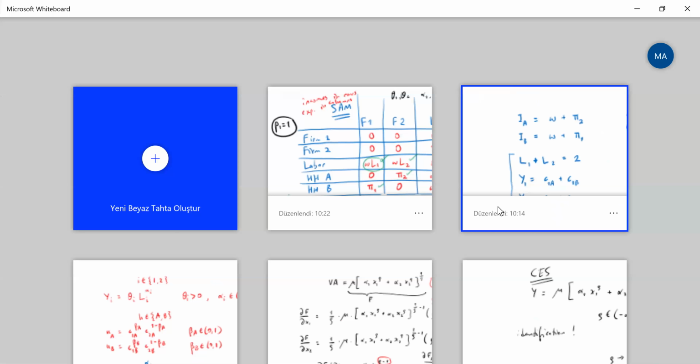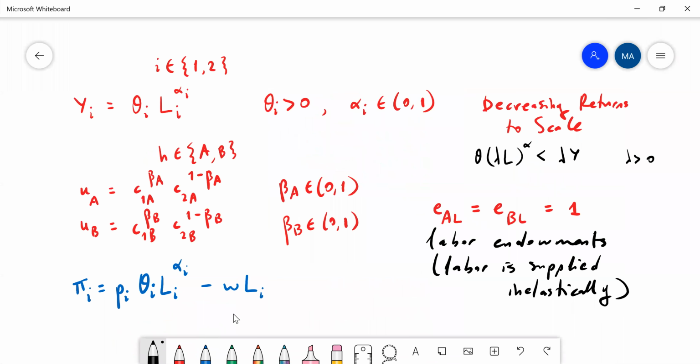Thanks. Okay, so let me just show you again. If you look at the profit function of the firm, this is the labor demand by the firm, and that is the labor demand in the market.